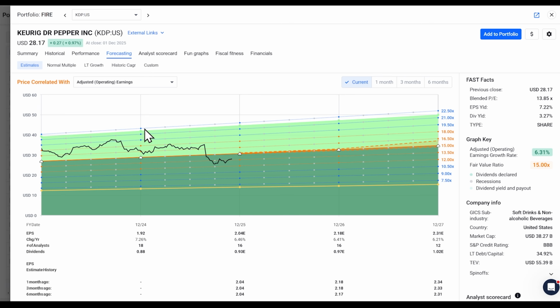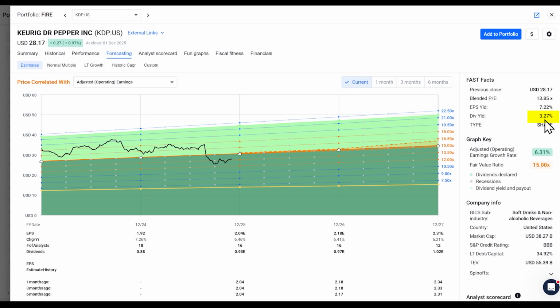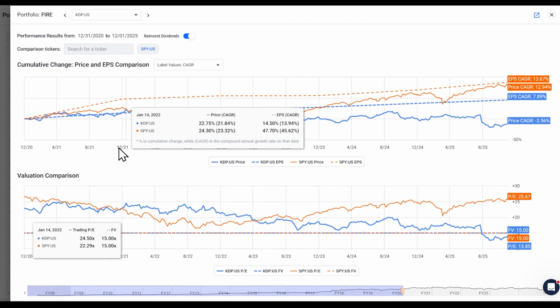So our forecasting gives you the current year you're in up to 2 years forward, sometimes 3, depending on the company and the time frame and what their fiscal years are. So the point is, you've got a rate of return here, potential of about 15% a year with a 3.27% dividend yield in a company that's historically raised their dividend year after year after year.